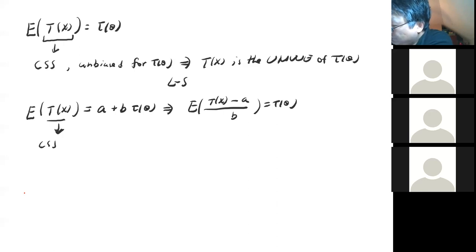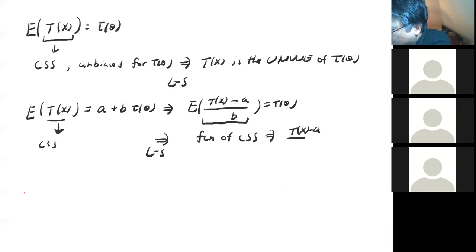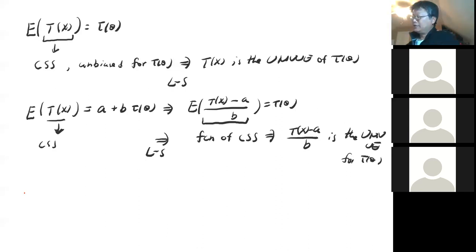So Lehmann-Scheffé tells me that as long as this is a function of the complete sufficient statistic for tau(theta), then I can claim that (T(x) minus A) divided by B is the UMVUE for tau(theta).